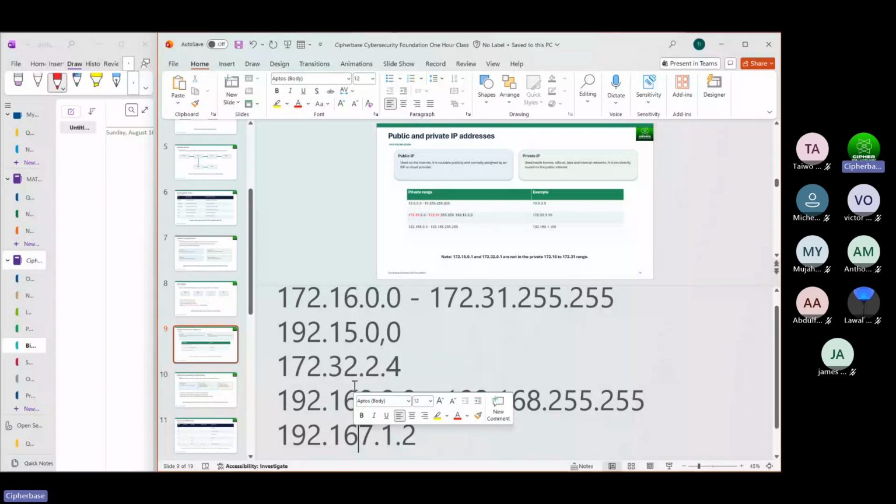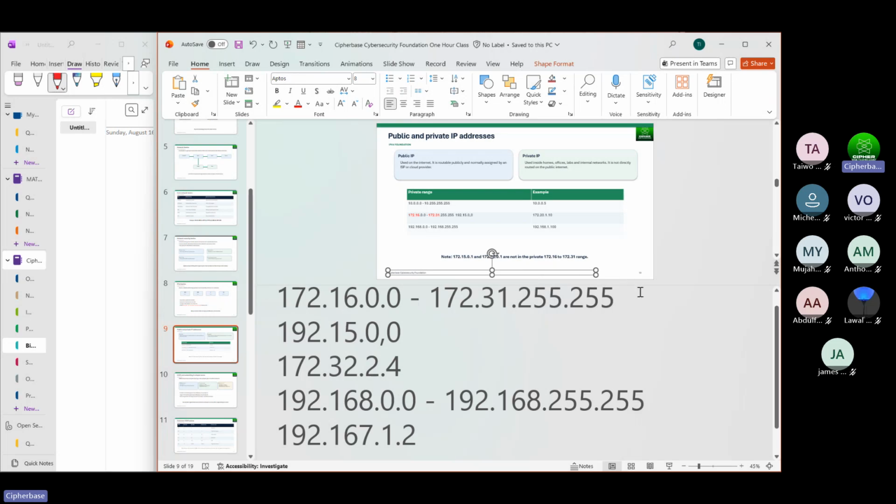So anything different from this second octet is no longer private IP anymore. It's now public IP. So that's how you can distinguish between public IP and private IP.